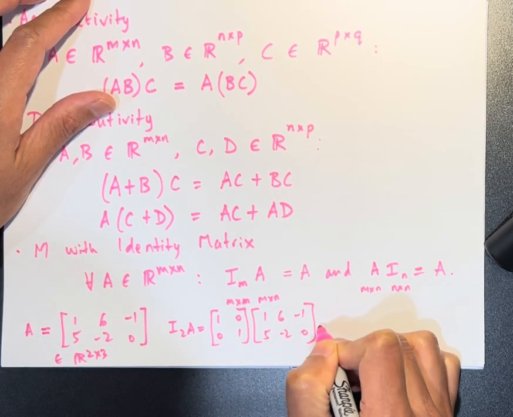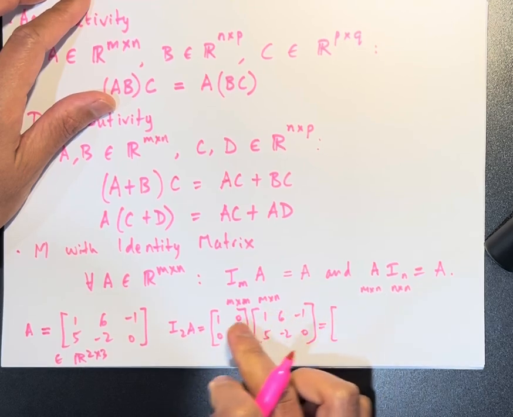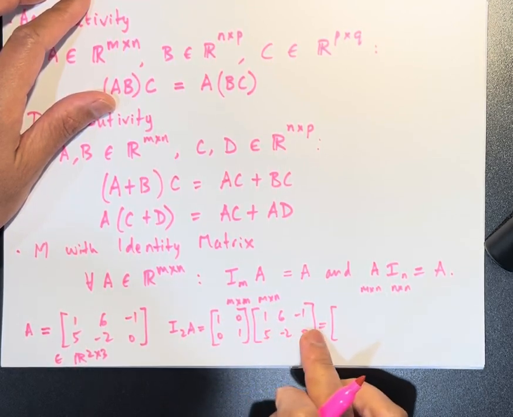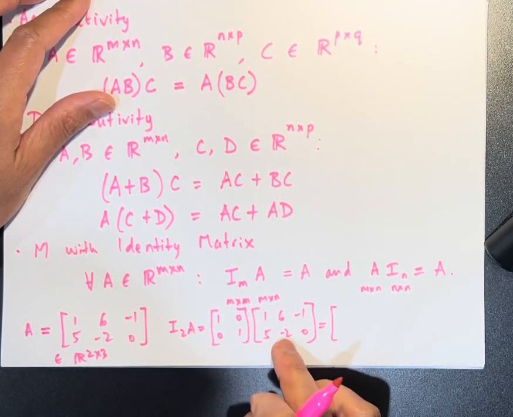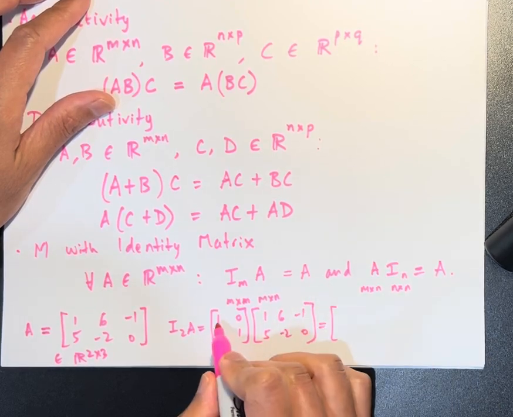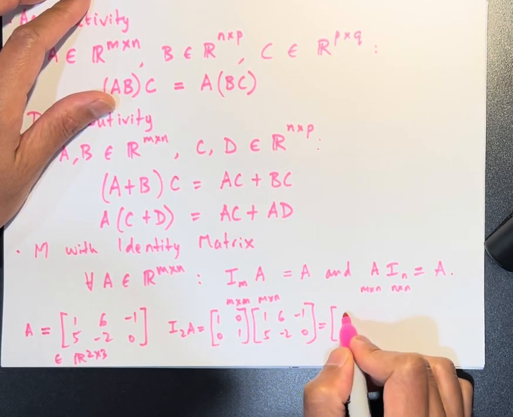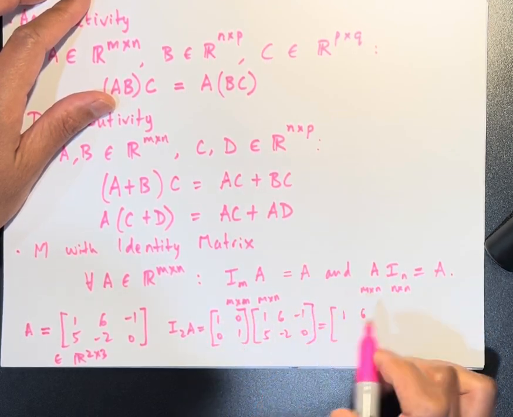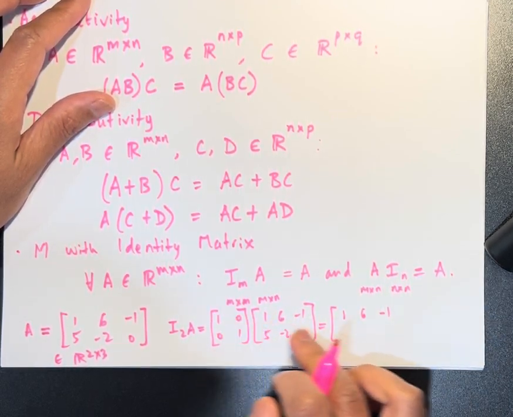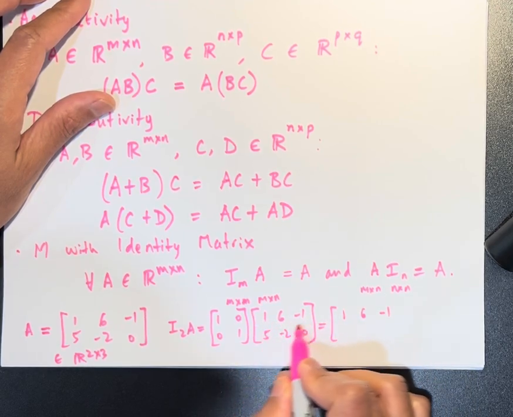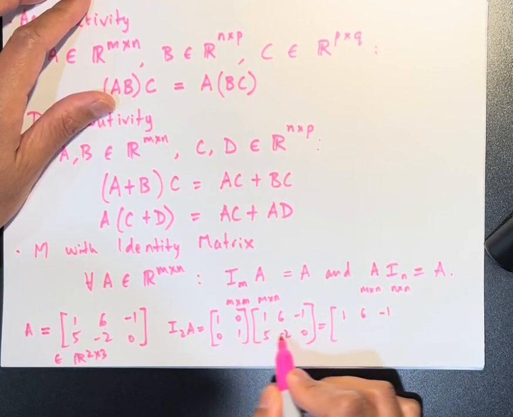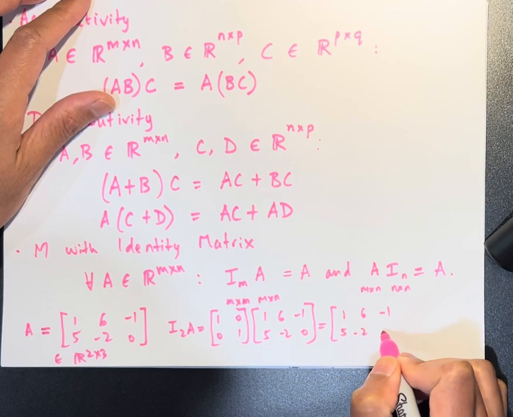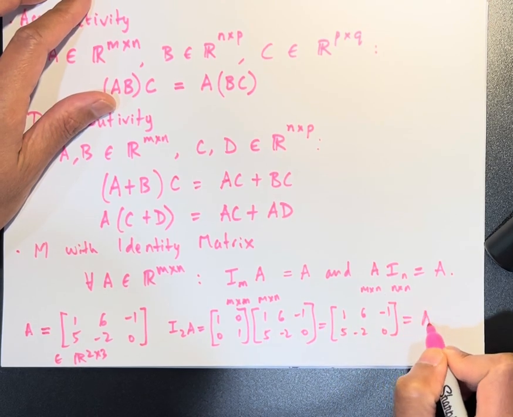As you can see, 1 times 1, and then this is 0, so it's just going to get the first row back here. So 1 times 1 plus 0 times 5 is 1, 1 times 6 plus 0 is 6, 1 times negative 1, and the 0 times 0 goes away. So you are getting the first row of A. Same way you can do the math and see that this is going to give you 5, minus 2, 0, which is again equal to A.